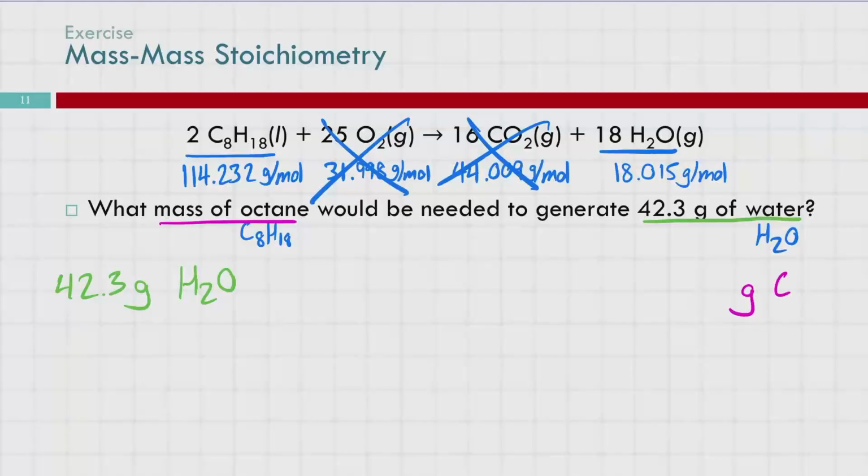So grams C8H18. The other way that we could have identified this is our question word. Our question word "what" up at the front, meaning that the next thing typically is what we're looking for. So we are looking for mass of octane, grams of C8H18. Either of those two ways, as long as you can identify we're starting with H2O, we're going to octane.